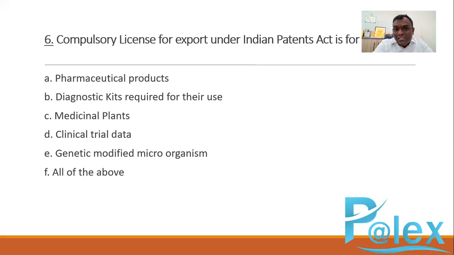Now, compulsory license for export under the Indian Patent Act is allowed for pharmaceutical products only. If you go to section 92A, we are speaking about compulsory license for export. If you go through the entire chapter on compulsory licensing, most of the things are local, but for export it is allowed only for pharmaceutical products under section 92A.